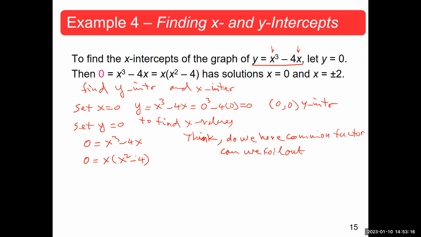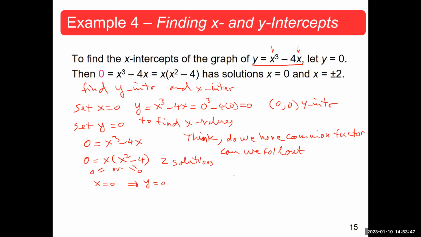Okay, based on that, I have two solutions. This equals 0 or this equals 0. So x equals 0, that's the first one that we found a minute ago, that y equals 0.